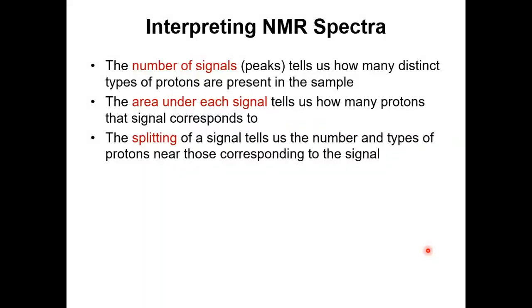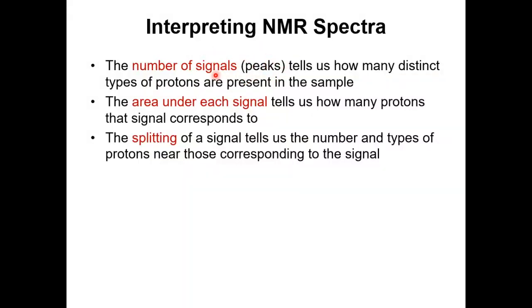I know at this point it's hard for you to have a sense of it. After we go through multiple examples, you will gradually develop a sense of what a signal at a particular chemical shift may come from, and what product you made. In addition to the chemical shift value, you also see how many signals you have.